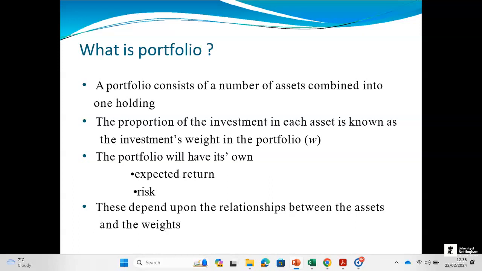But you will still have some benefits of diversification even if those assets are not negatively correlated. As long as they are not perfectly positively correlated, you will still have benefit of diversification. So diversification will help to reduce the risk of the portfolio. So we have covered the main theory of it.